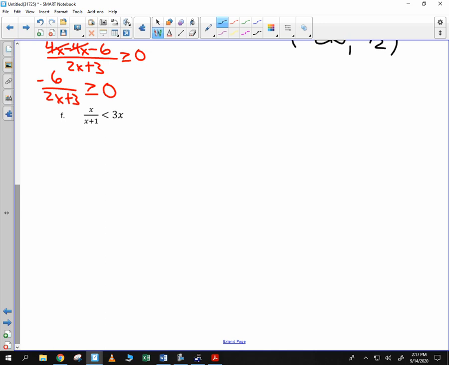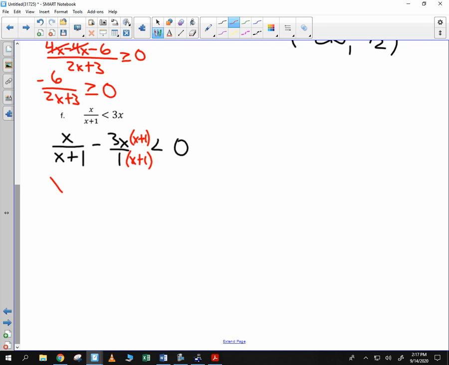Last one. Again, it's not less than or equal to 0, so I'm going to subtract over the 3x. I will multiply the top and bottom by x plus 1 to get the common denominator.